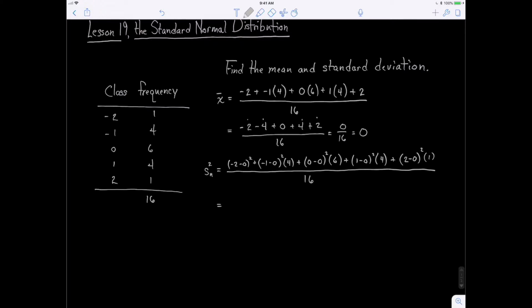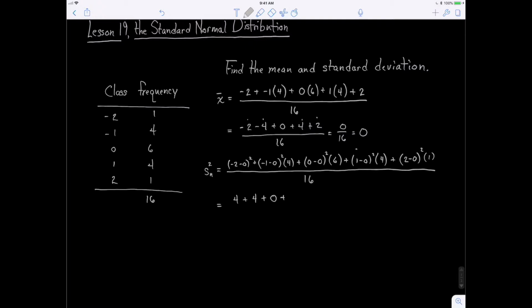So -2 minus 0 squared is going to be a 4, plus -1 minus 0 is -1, but we square it to get 1. We multiply it by 4 and we get 4, plus the 0 minus 0 is 0. We square it, it's 0. We multiply it by 6 and it's still 0. Look at that. Plus, our next one is 1 minus 0, that's 1.